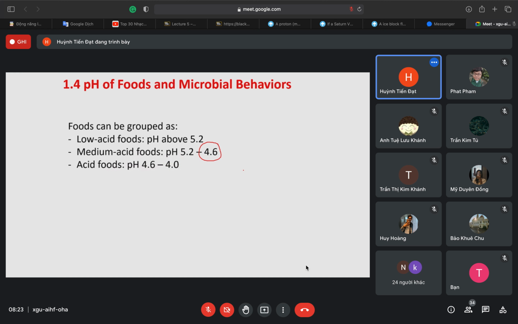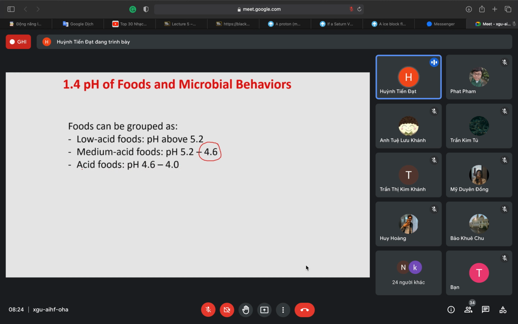According to the US FDA and USDA, if any food has a pH over 4.6, it is considered low acid food, and the treatment is different because it is subject to contamination very easily. So the key concept here is around 4.6, keep in mind.